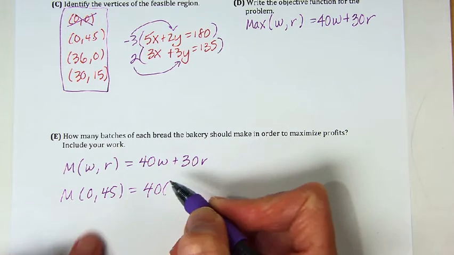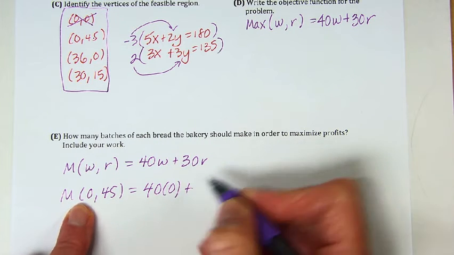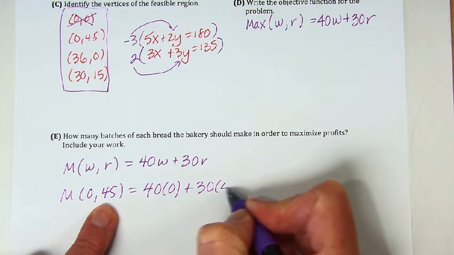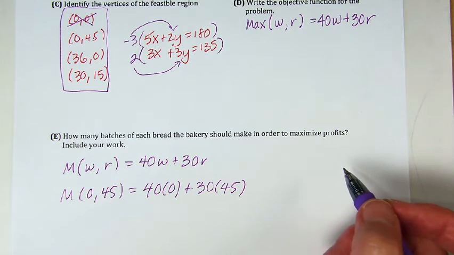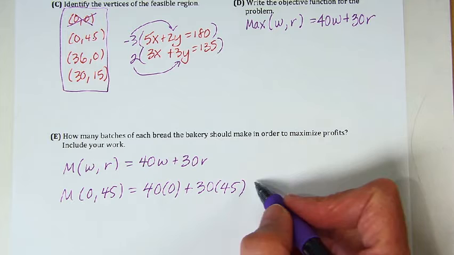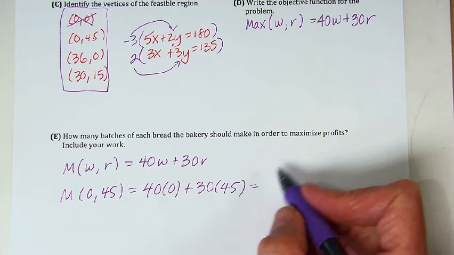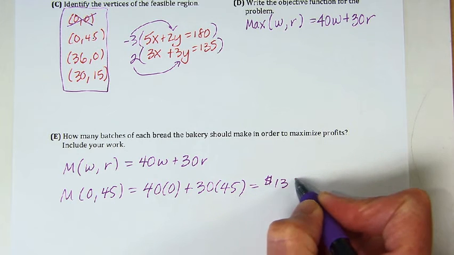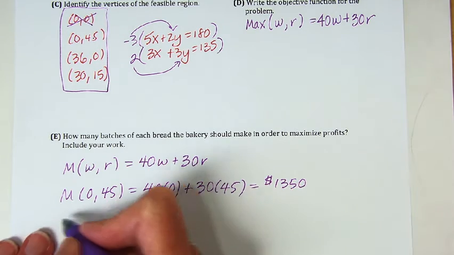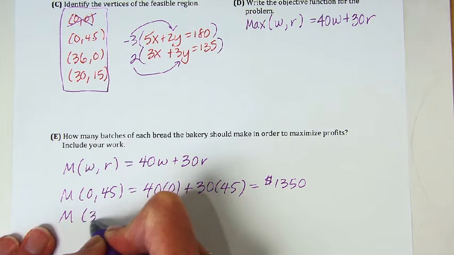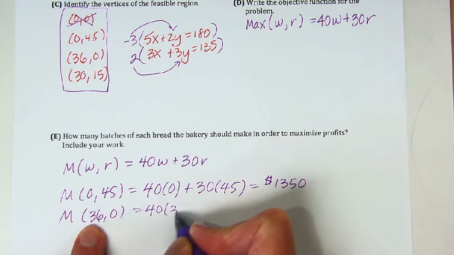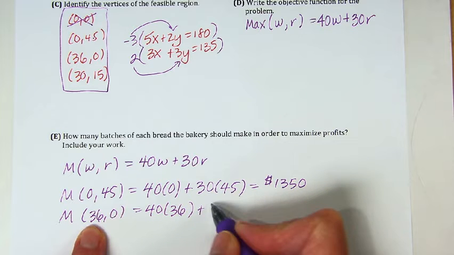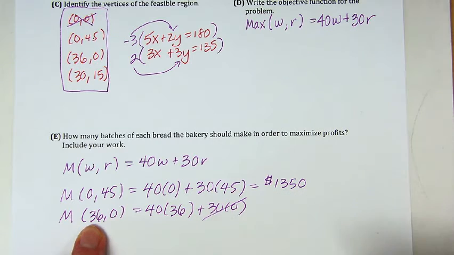So in this case, it's saying if we don't make any wheat bread, but we make 45 batches of our rye, and I work my magic, I think that's $1,350. If I plug in that I'm not going to make any rye, but I'm going to make 36 batches of wheat, I don't really even need to plug this in because that's just going to cancel out.